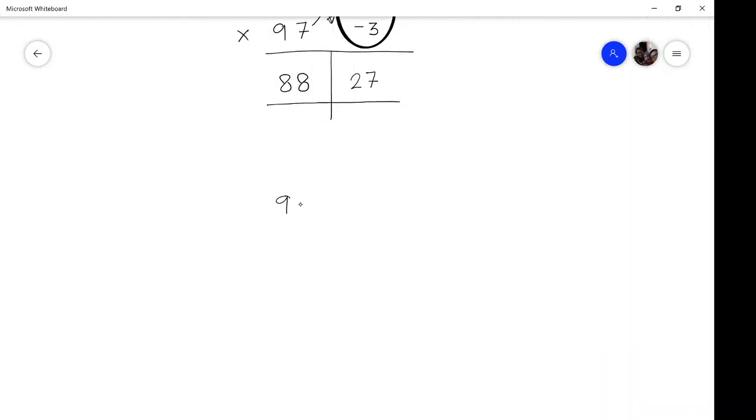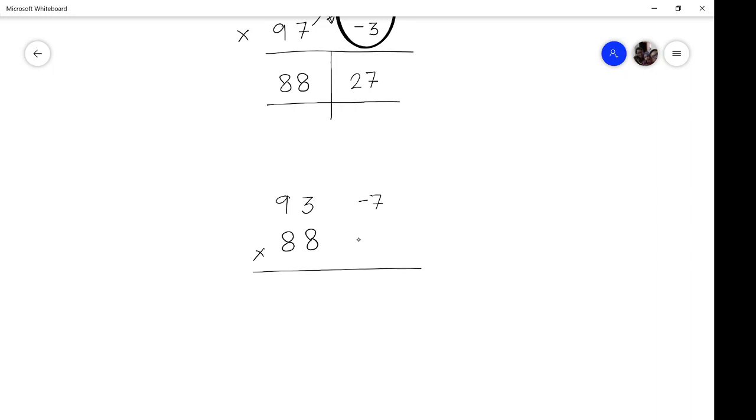Let me dig into this further. Let us say I am multiplying 93 by, let us go somewhat lower, 88. In this case 93 is deviating from 100 by 7, isn't it?